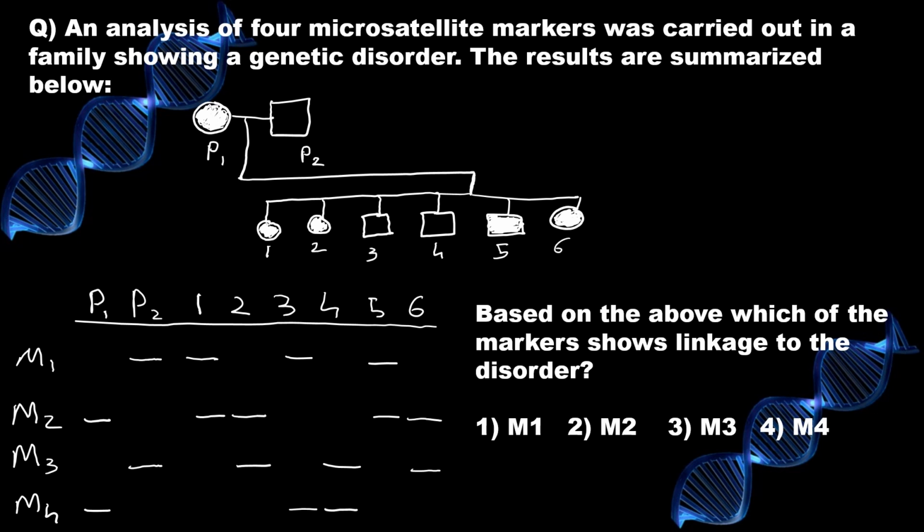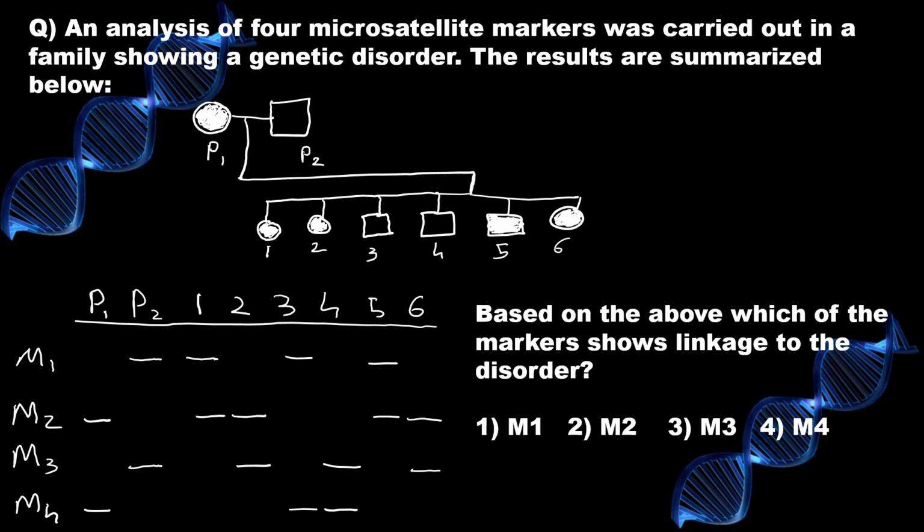For this question, the technique to crack it is to check which persons have the disorder. Here P1 has the disorder, so we check which bands it gets. In P1 we get bands at M2 and M4. Then we check the next disordered person, 1. It gets bands at M1 and M2.